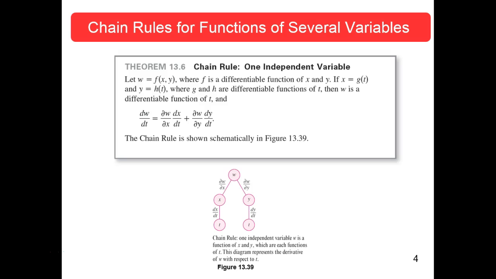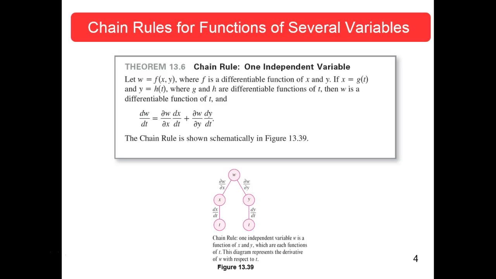First thing up in 13.5. Let W equal f of x, y. So let's say W is a dependent variable of a function with two independent variables, x and y, where f is a differentiable function of x and y, and x is also a function g of t, okay?